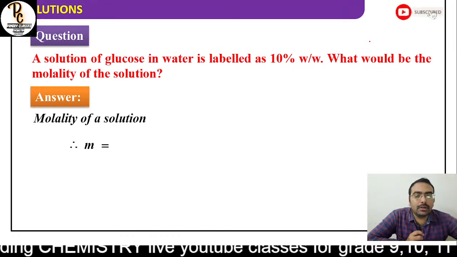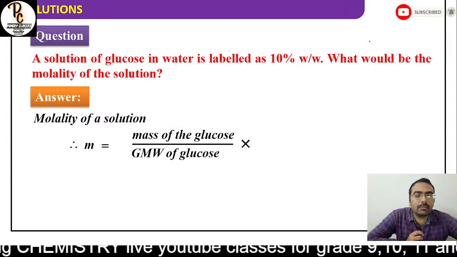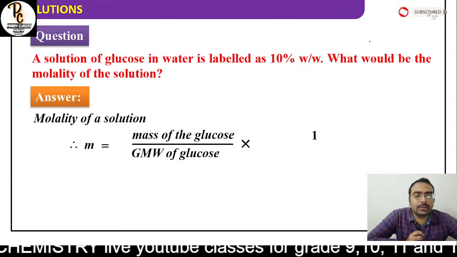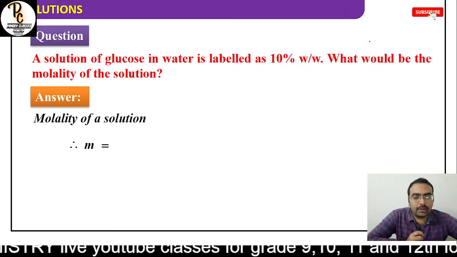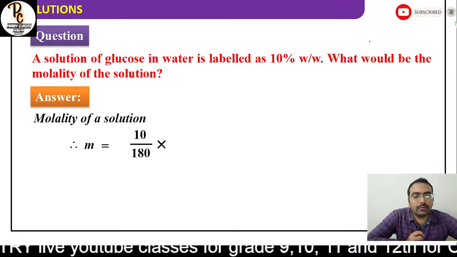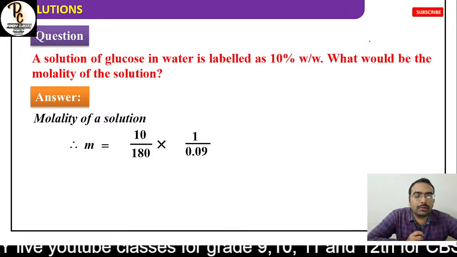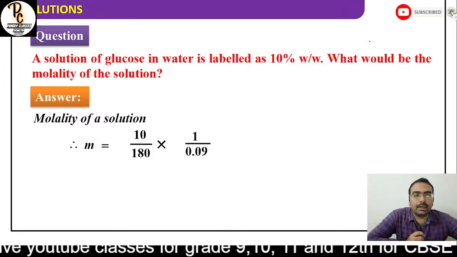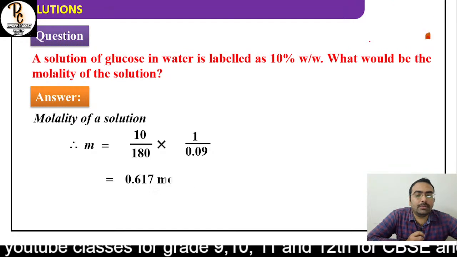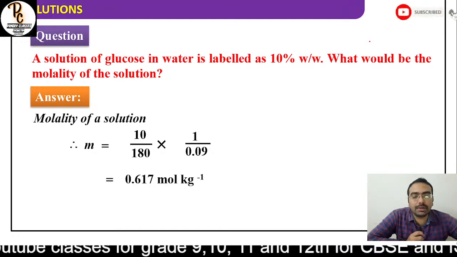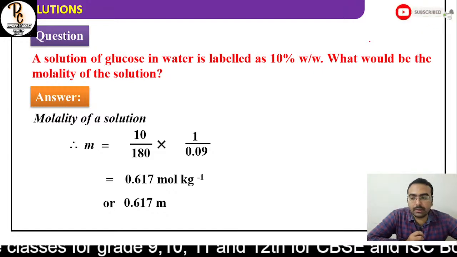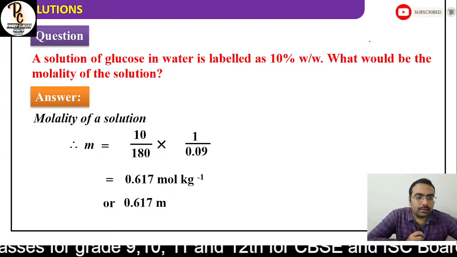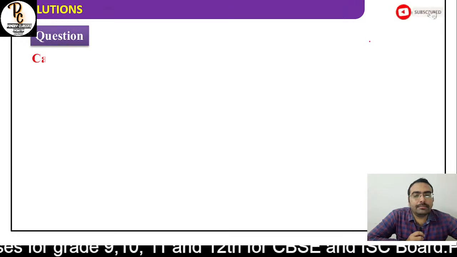Molality of solution is mass of glucose upon gram molecular weight of glucose, then mass of solvent: 10 upon 180, 1 upon 0.09. On solving, we get 0.617 moles per kg, or molal simply. This is the equation that we'll be getting here.